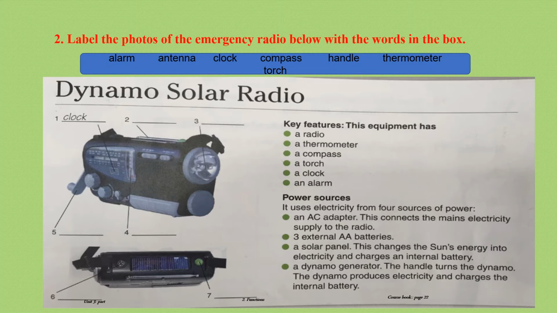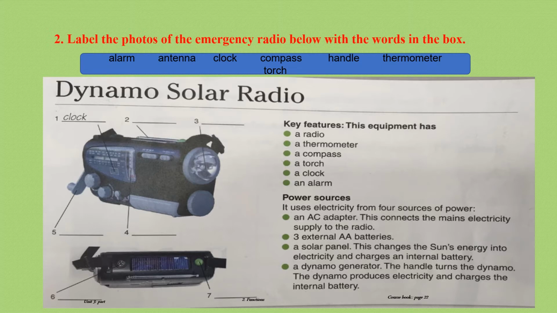Of course you know the word alarm, antenna, clock, compass, handle, thermometer, and torch. You know torch. Okay, so number one, what is number one? Clock. Now I ask you please to pause the video for 2 or 3 minutes, label the parts, then come back for checking the answers.